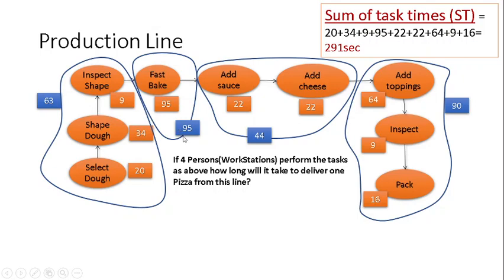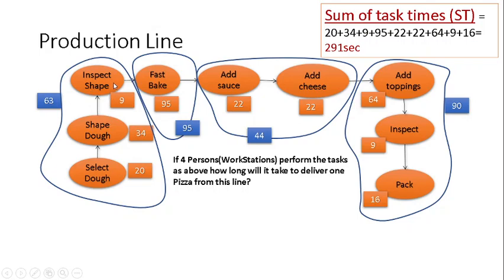So we cannot avoid keeping this task as a single task assigned to one workstation, and we need to figure out whether we can group the rest of the tasks in a way that they do not exceed, or are around, 95.